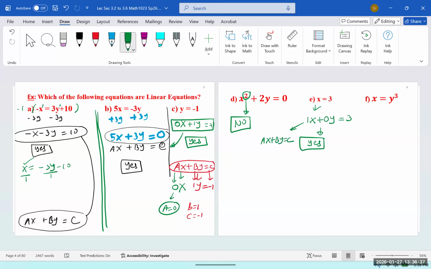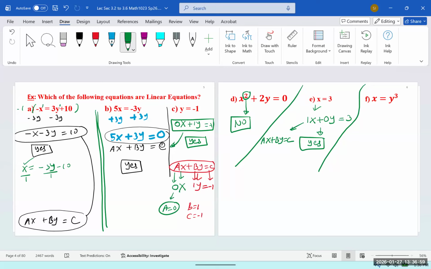That means it's linear. Anything you can write as ax plus by equals c is automatically linear. So the first one was not linear because of the power. The second one is linear because even though the y is missing, that means you have 0y. So 1x plus 0y gives us 3, which means it's linear.